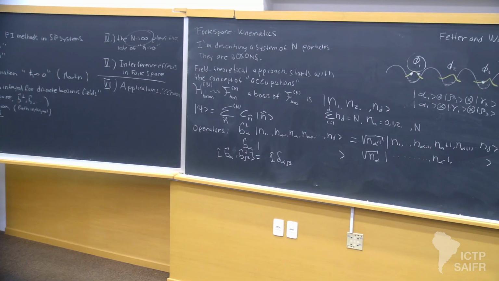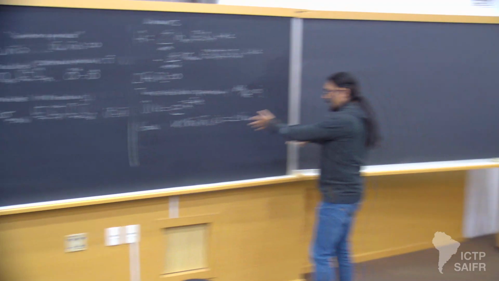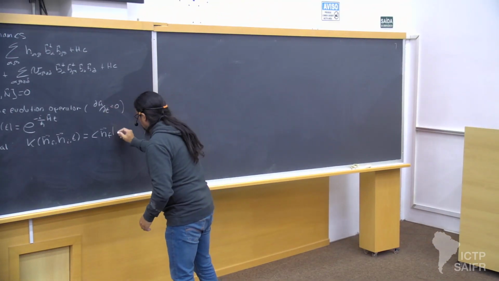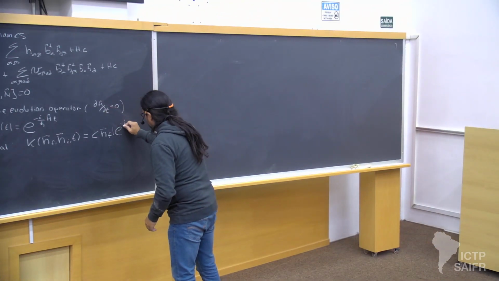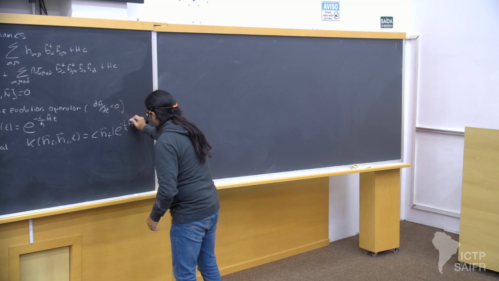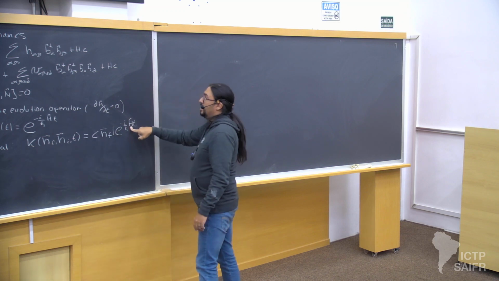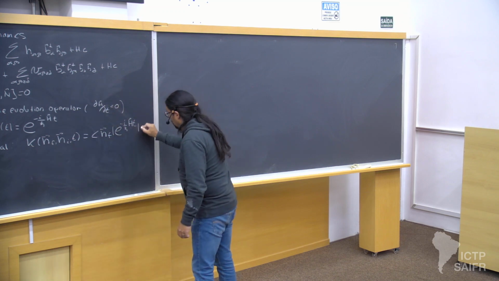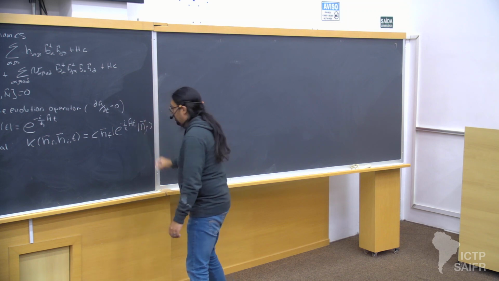So this is perfectly well defined. It's a basis in my Hilbert space. This is this Hamiltonian, set of occupations.